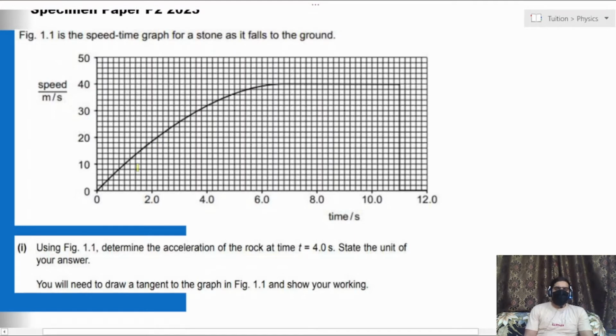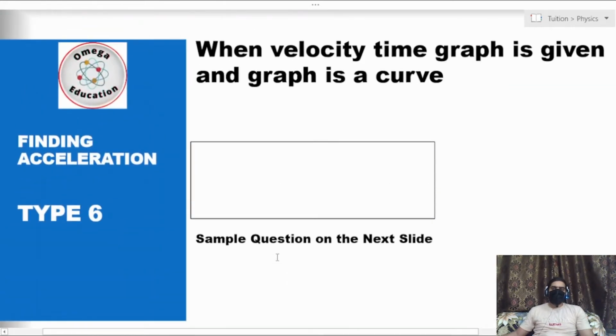Because if the speed time graph is a curve, that implies its acceleration is changing. So you would have to find acceleration at a specific instant of time, like 4 seconds.